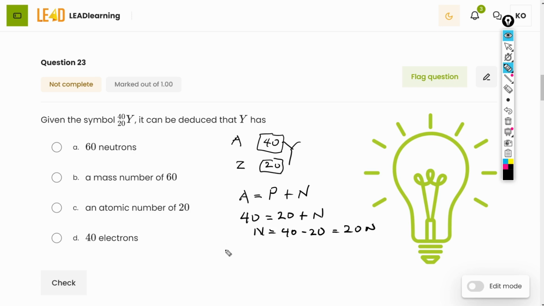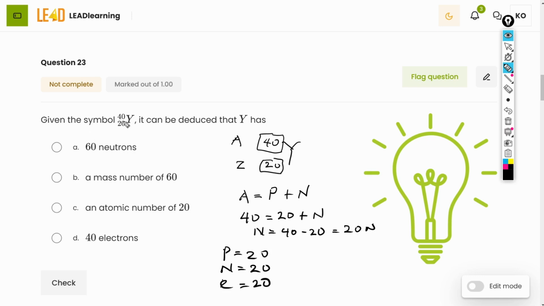It means that in this atom, we have 20 protons, we have 20 neutrons, and because it is an atom, the number of protons is always equal to the number of electrons. So we're also going to have 20 electrons.